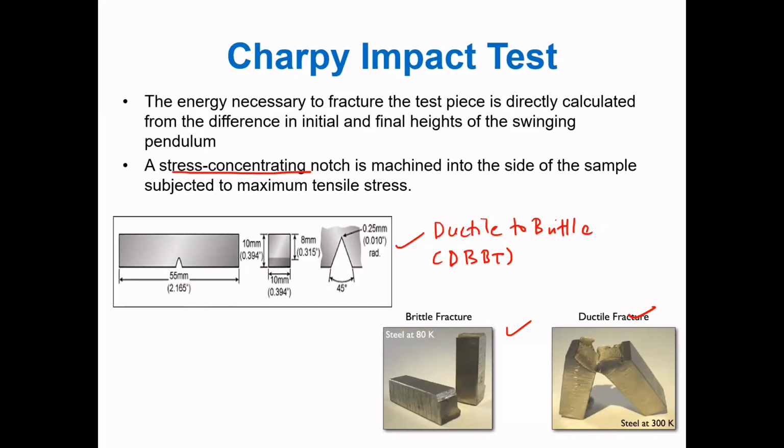So the appearance of a fracture surface also gives information about the type of fracture that occurred. A brittle fracture is bright and crystalline. On the other hand, a ductile fracture is quite dull and fibrous.